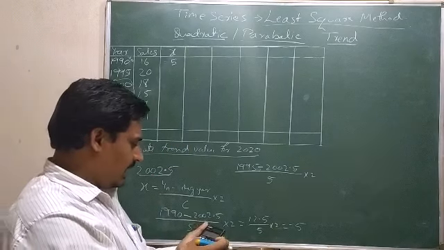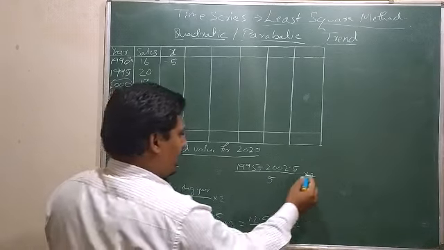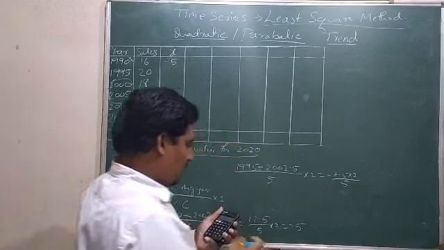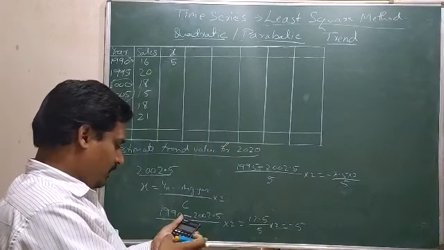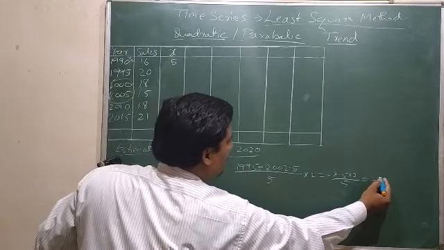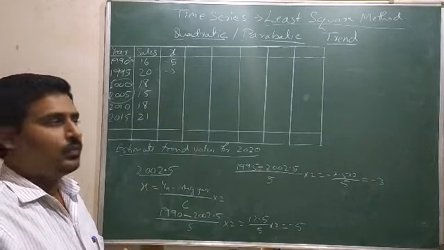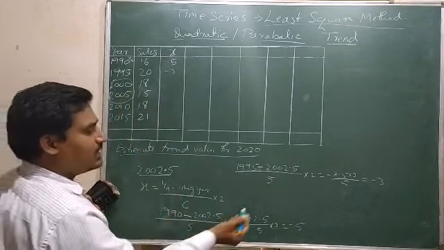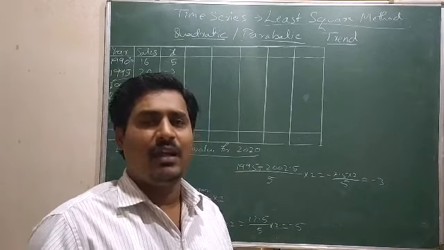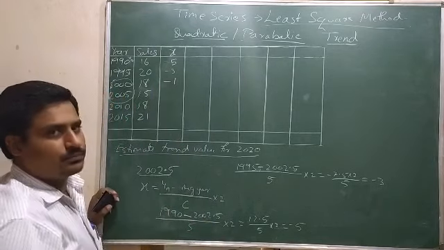We get 1995 minus 2002.5 is minus 7.5, into 2 divided by 5, so we get minus 3. And next, 2000 minus 2002.5 is minus 2.5, divided by 5 into 2, so it becomes minus 1.